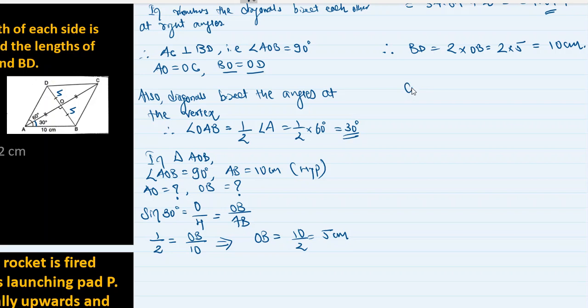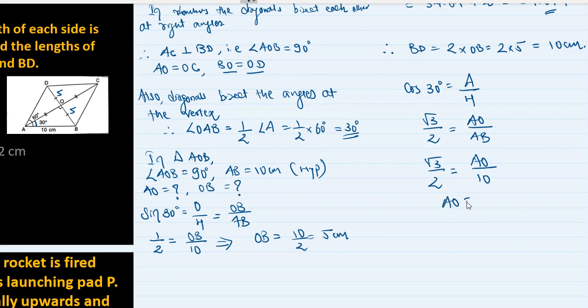So cos 30 degrees is equal to adjacent upon hypotenuse. Cos 30 is root 3 by 2. Adjacent is AO. Hypotenuse is AB. So root 3 by 2 is AO, which is not known, over AB, which is 10.